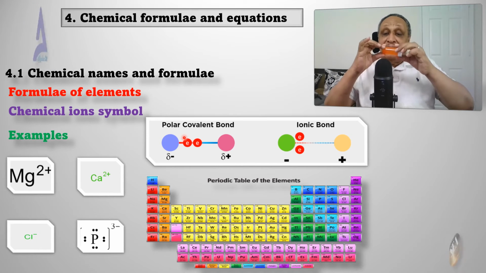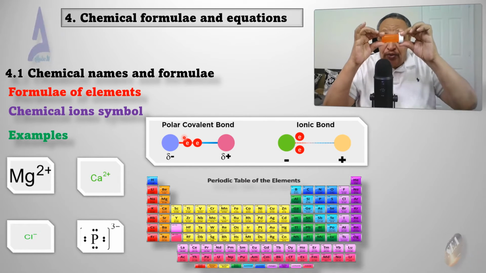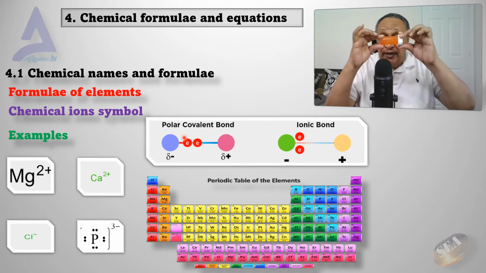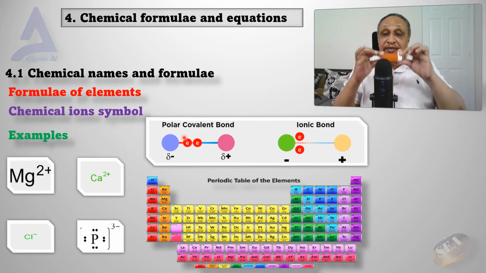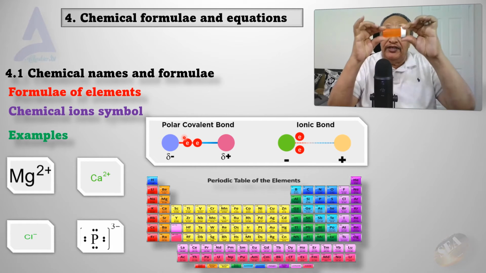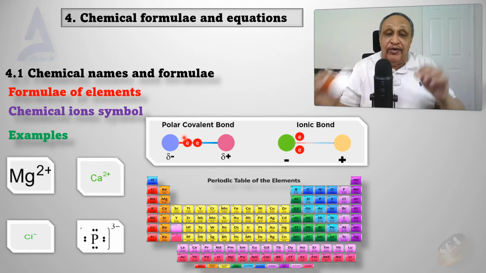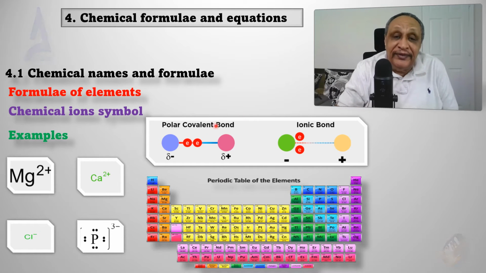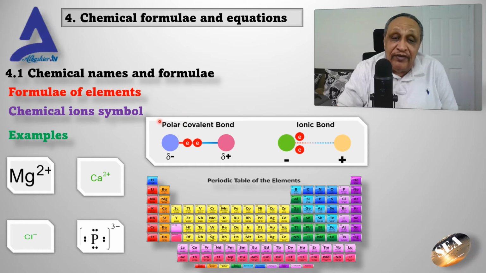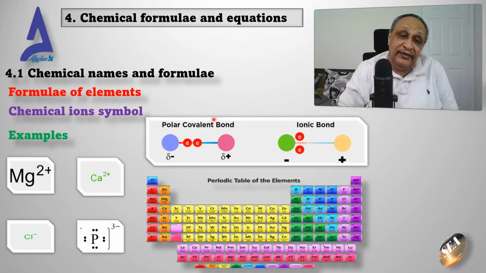But if they both take the electron this way, that means they share it. None of them loses any. So they are the same. They just share it. Okay? So here, at some point, it's going to be fulfilled, and here also, at some point, it's going to be fulfilled.